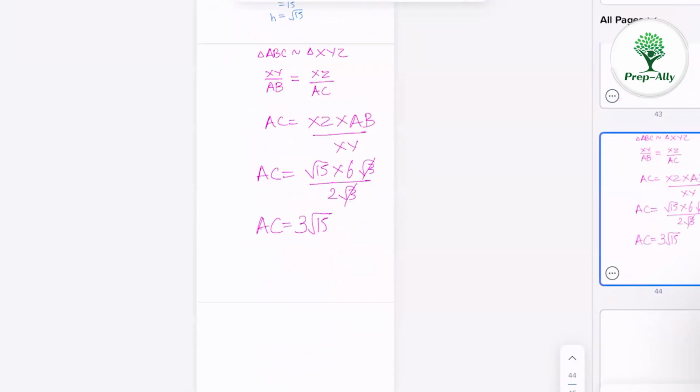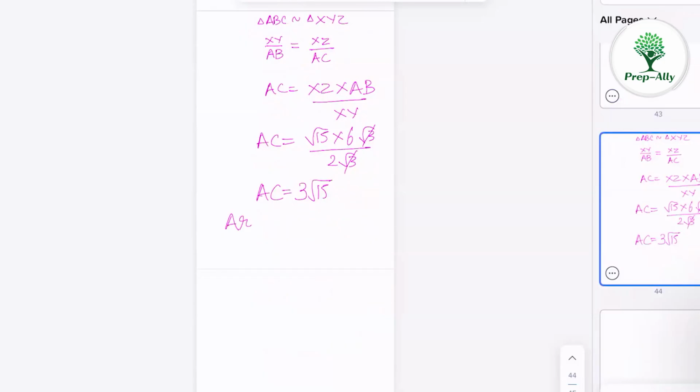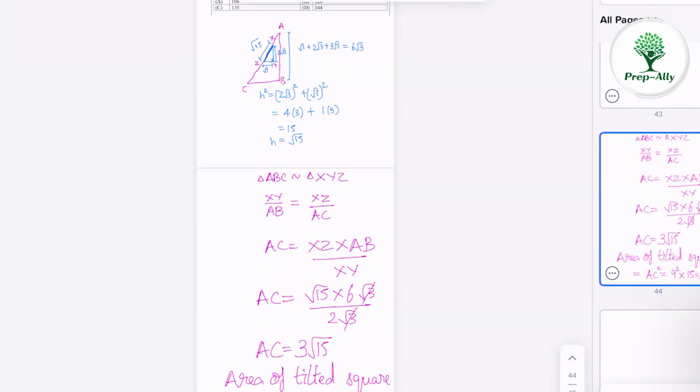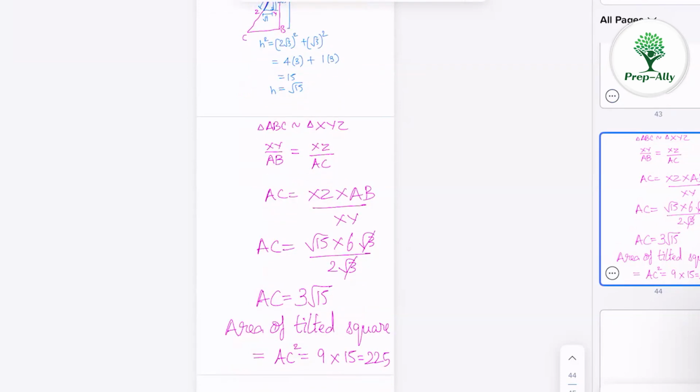So area of tilted square is AC square. Oh, I'm sorry, it's just 3 square into 15.